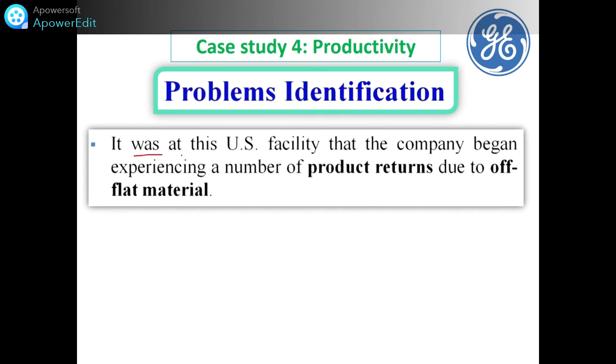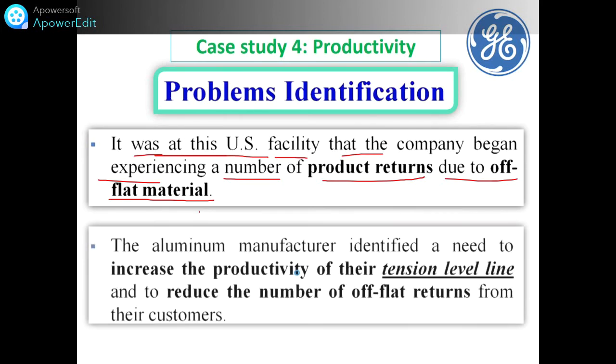At this US company, the company began experiencing a number of product returns. Why? Due to flat material, the products are coming back from where they were supplied. So that is the problem identification.